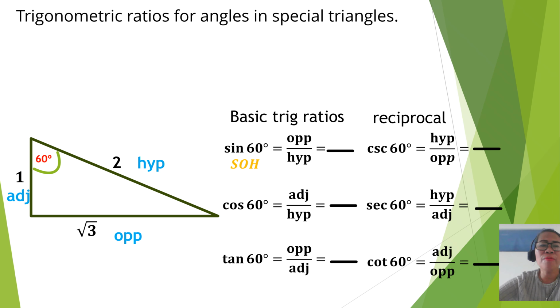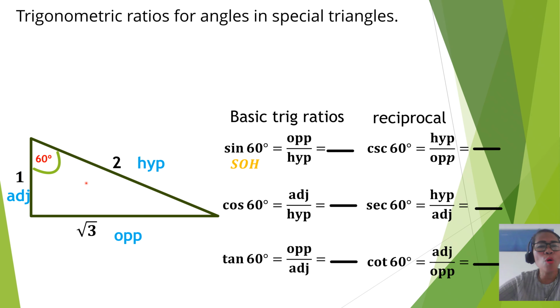I'm sure we have already correctly labeled this is the 60 degrees, so of course this one is the adjacent to 60, and the opposite to 60 is square root of 3 because this is the longer leg, and the hypotenuse is always twice the shortest leg, so this is 2 as our hypotenuse. So therefore, sine 60 is opposite over hypotenuse.